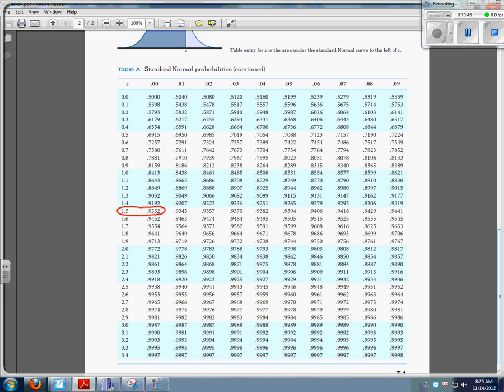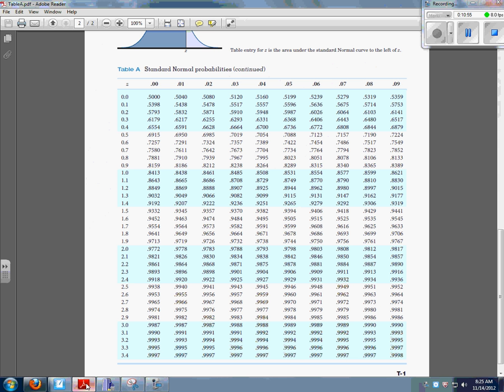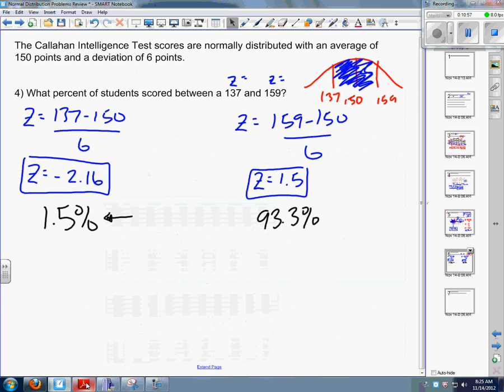So 93.3%. So this corresponds to 93.3%. So now I have my two percentages for here and here. So I simply want to subtract these.